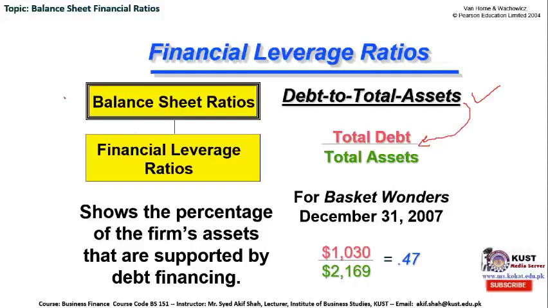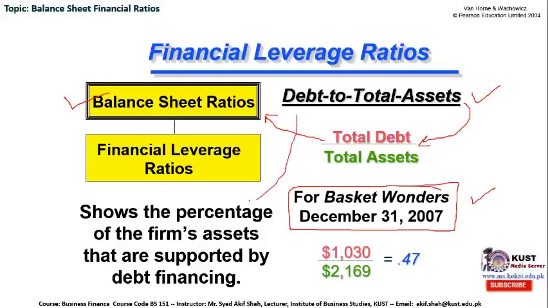Once again, this is a balance sheet ratio where we pick both the numerator and denominator from the same balance sheet, and the balance sheet we have selected to analyze this ratio is Basket Wonder's December 31st, 2007. What does this ratio tell us? It shows the percentage of the firm's assets that are supported by debt financing.